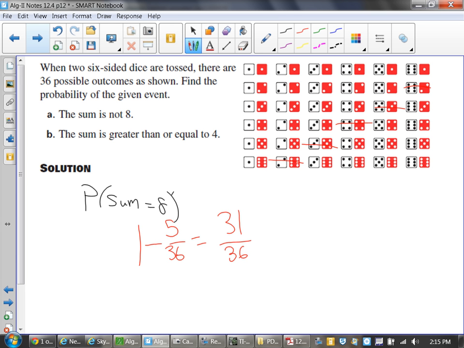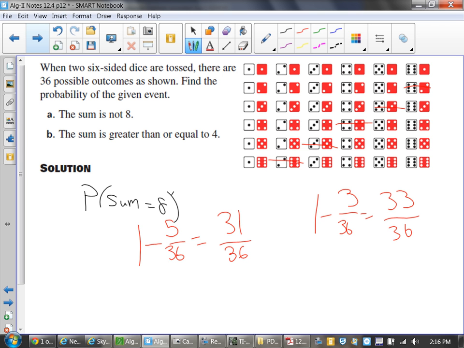So the probability of a sum greater than or equal to 4 would be 1 minus 3 over 36. Using complements a lot of times just makes it quicker. It's a little bit easier to work with. And the fractions are not going to be so scary that you can't take 1 minus something, because the common denominator is pretty easy to get. Okay? Not so scary?